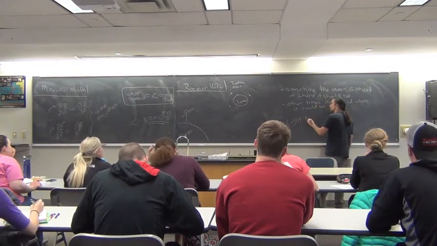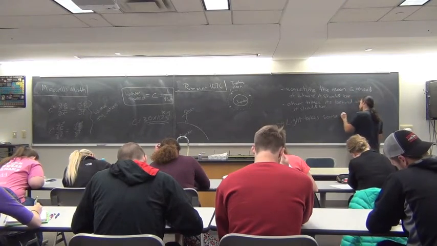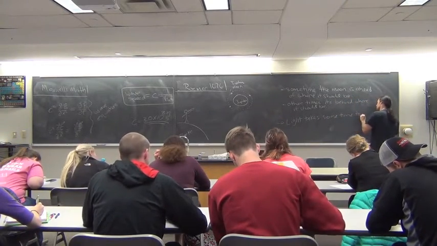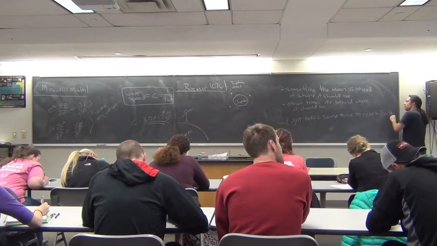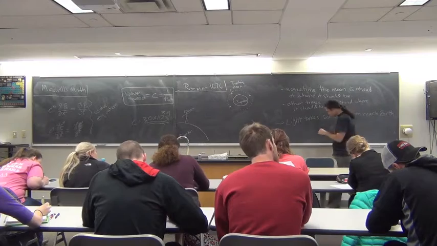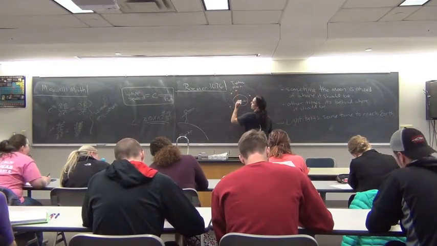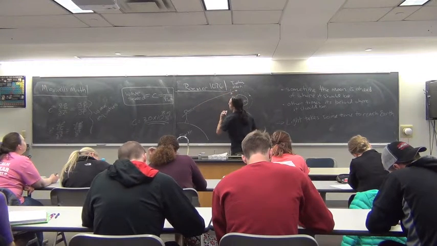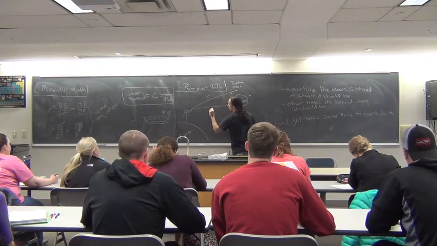light takes some time to reach it. Some time to reach the Earth. So that when the moon is over here, it's traveling a further distance than when the moon is close by.